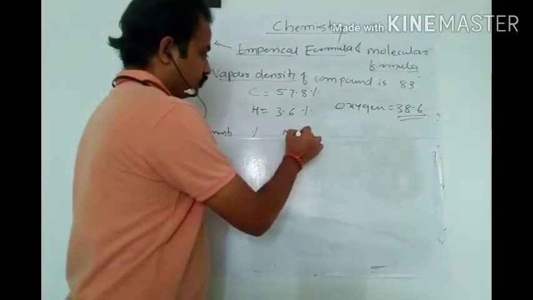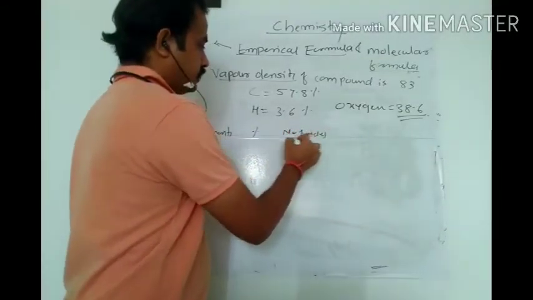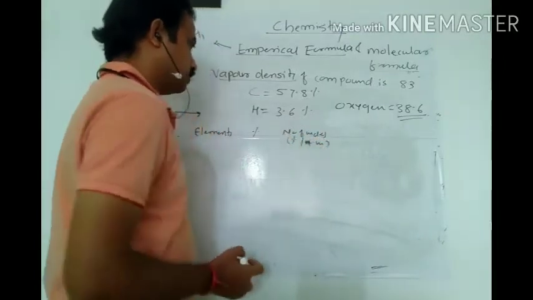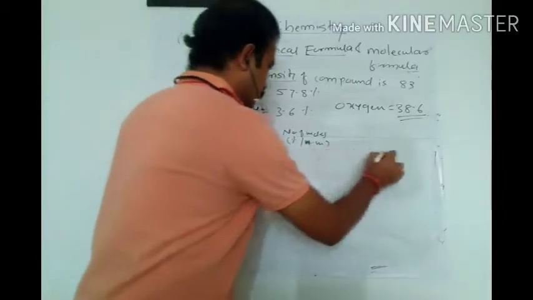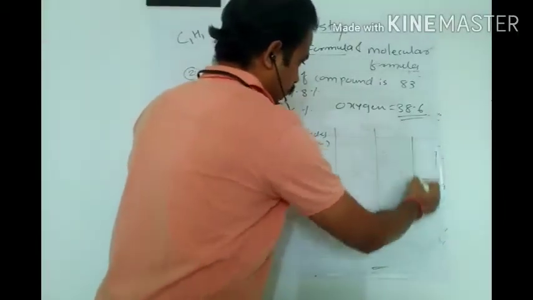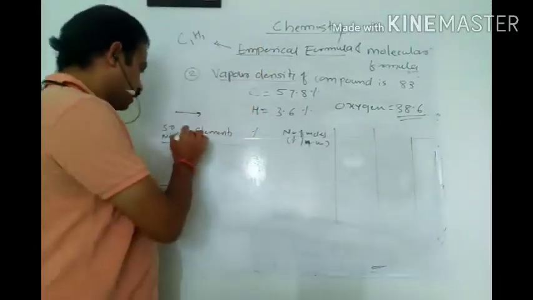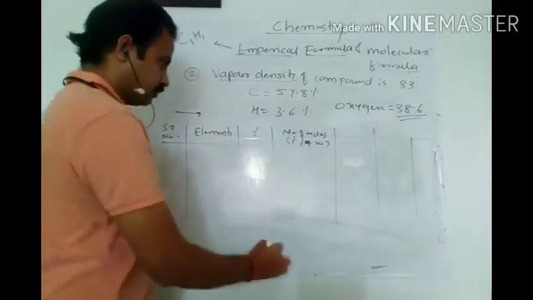Then number of moles, which is calculated by percentage upon atomic mass. Within 2 to 3 columns you will get the answer. You just write down the answers and you will get the combination and empirical formula.